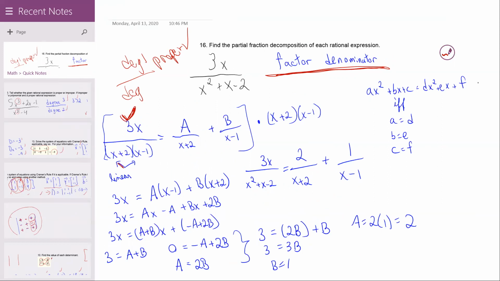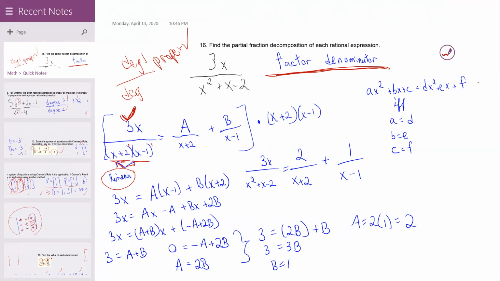And right here, I have little arrows that point that these are linear. So x plus 2, if you graphed that, it would be a line. Or x minus 1, if you graphed that, that would be a line. And it's to degree 1, so it's non-repeated. So it's non-repeated linear. When it's a linear case, you write it like this. So remember, we're doing adding fractions but backwards.